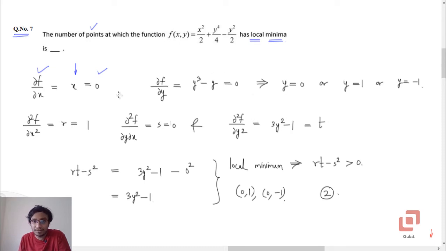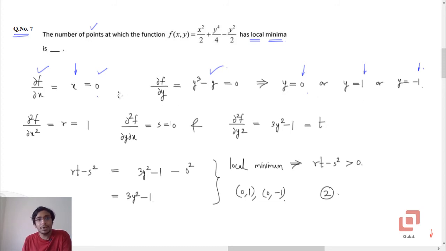Now if we solve the equation y cube minus y equal to 0, then we will get three roots: 0, 1 and minus 1. So there are 3 points now: (0, 0), (0, 1) and (0, minus 1).